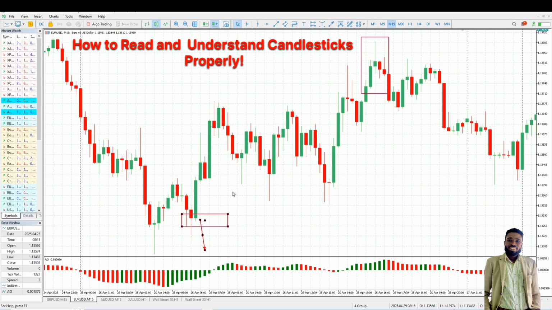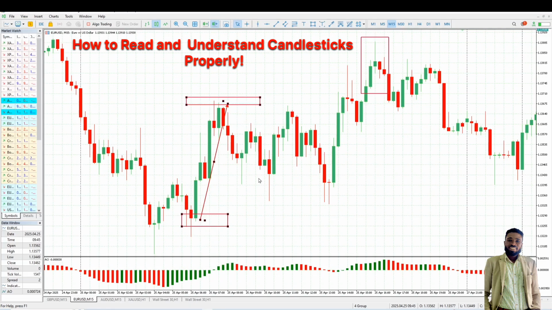So candlesticks make the market move upwards or downwards. I'm not talking of the trend, but I'm talking about the upward movement or the downward movement. From a point A to a point B, there must be candlesticks moving upwards before the market can move from point A to point B. Is it clear? Okay, let's move on.